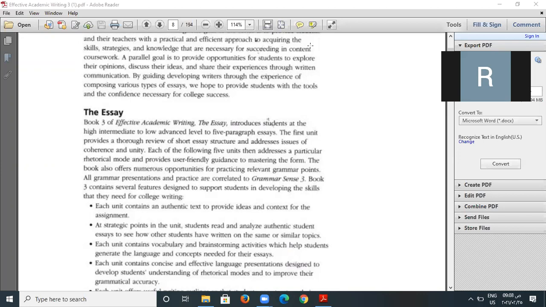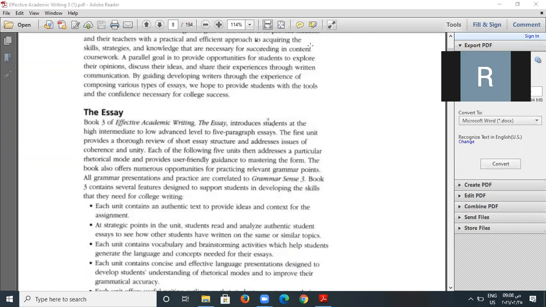In addition to this, each unit has vocabulary and brainstorming activities. These activities and vocabulary help students generate the language and concepts needed for what? For their essays. Those help students to produce the language and concepts needed for their essays.